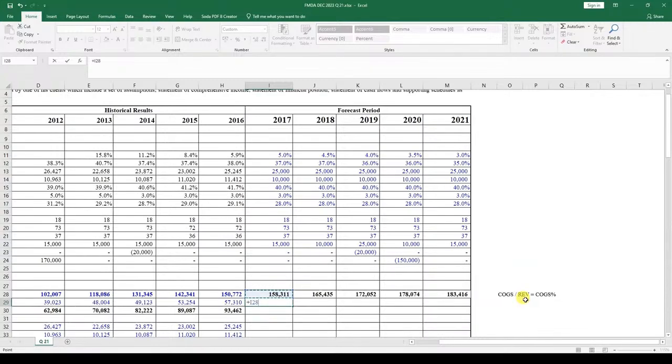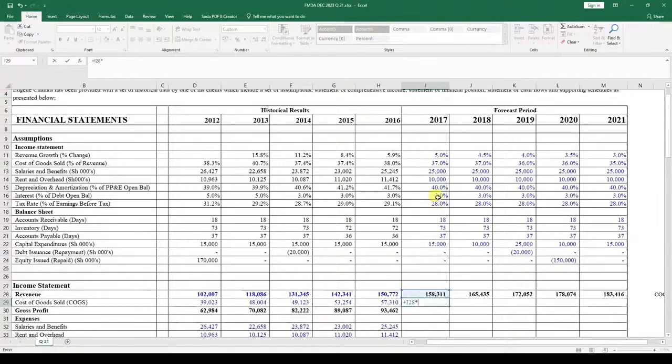Enter there, and the same way we've done before, we just drag it, Control R. The gross profit, because it's a formula, we just drag it, Control R.